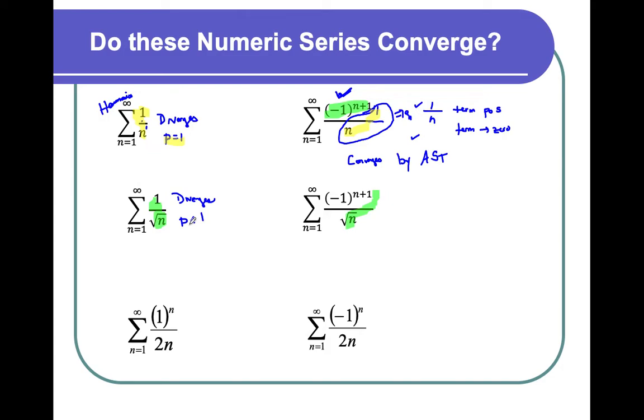So this failed the P series test for convergence. This over here has a sign alternator, 1 over n to the 1/2. Terms are positive and go to 0. So check 1, check 2, and all important, check 3, converge by the alternating series test for convergence.